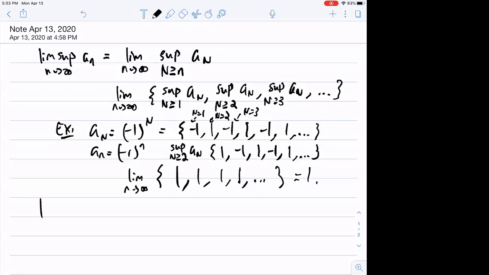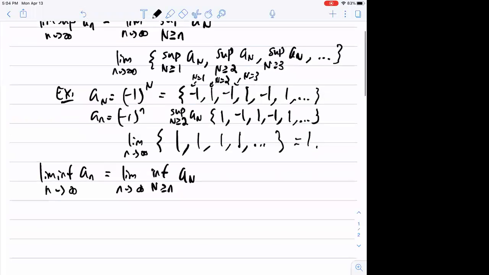And then same thing for lim inf. So lim inf of a_n as n goes to infinity is the limit of the sequence of infimums.